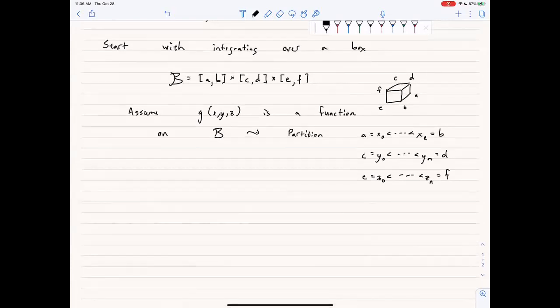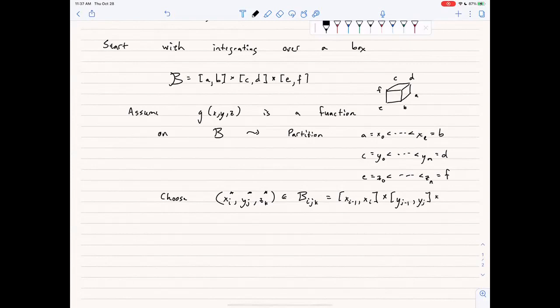And then I need to choose sample points in each sub box, x_i star, y_j star, z_k star, and this should be in this sub box B_ijk, which is going to be equal to this tiny little sub box. I'll just take each of these tiny little intervals and take their Cartesian product.